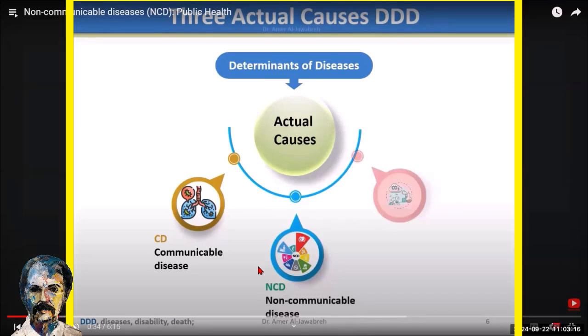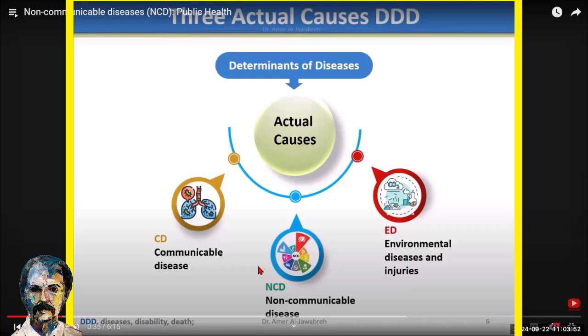non-communicable diseases, or some books call them chronic diseases, because they have a long time span. And we also have the third one, EDs, environmental diseases and injuries, diseases that are also caused by pollution, chemicals, and wars.